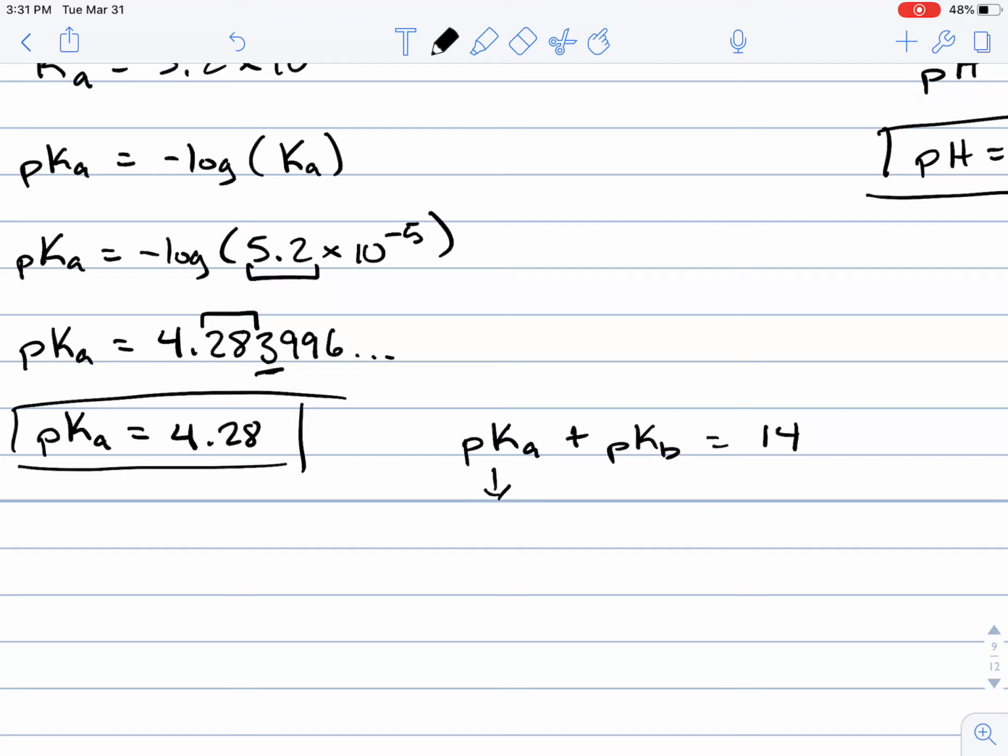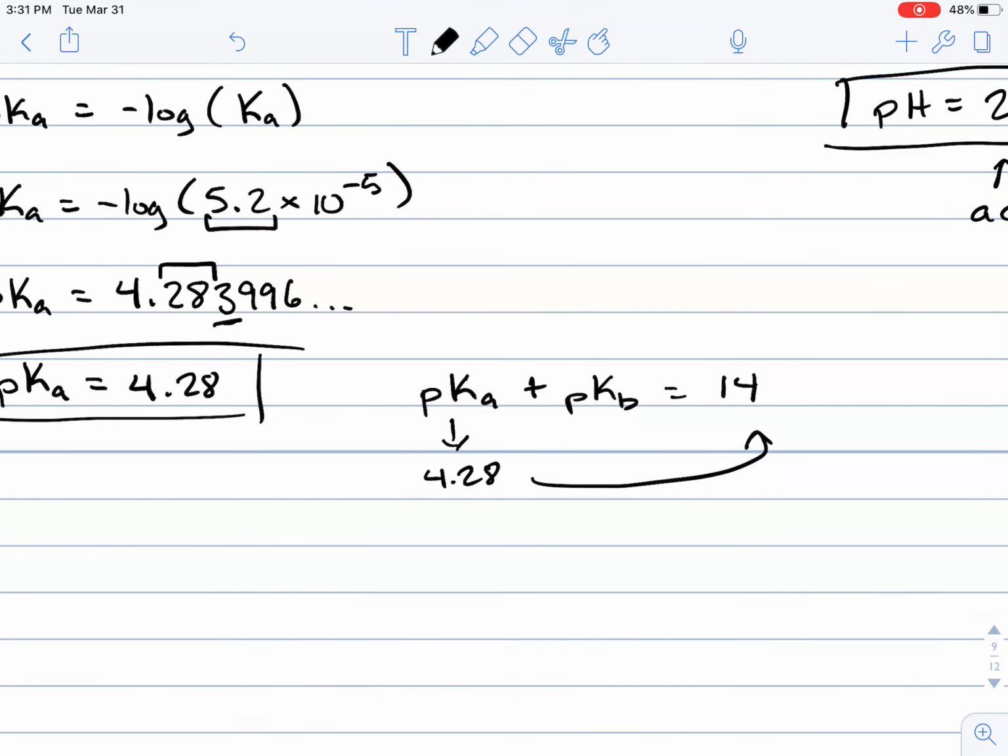If we plug in 4.28 and subtract it, so 14 minus 4.28, it's going to give us the pKb. Putting it in my calculator, I'm going to get 9.72. And so the pKb is 9.72.